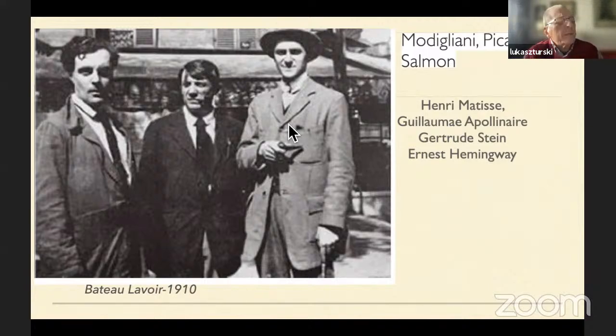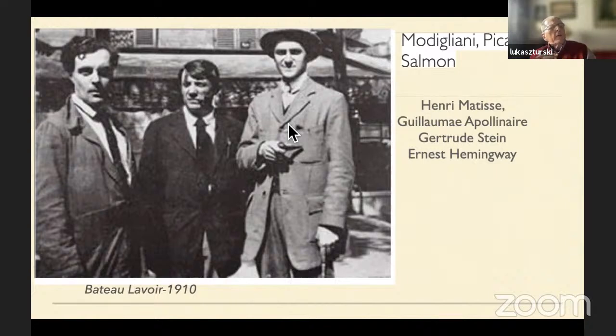There were many other individuals who had been extremely important in the history of intellectual life of the 20th century, who had been associated with the Bateau Lavoir. I mention a few of those names. Henri Matisse, who was a painter, a kind of a bridge between Impressionism and the modern 20th century painting.